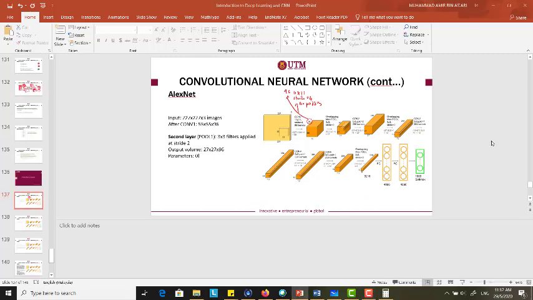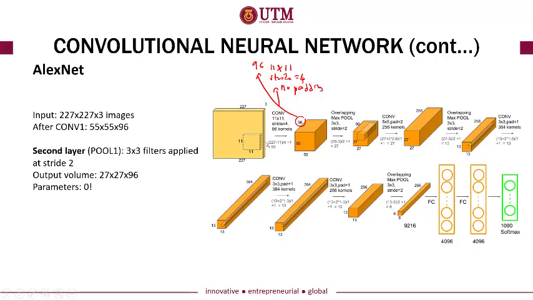Okay, I will try to explain how we can calculate the volume of this one using this formula. It's better for you to go to the previous slide, the summarization slide, because that is the general formula to estimate the volume of the output matrix after applying the convolution.